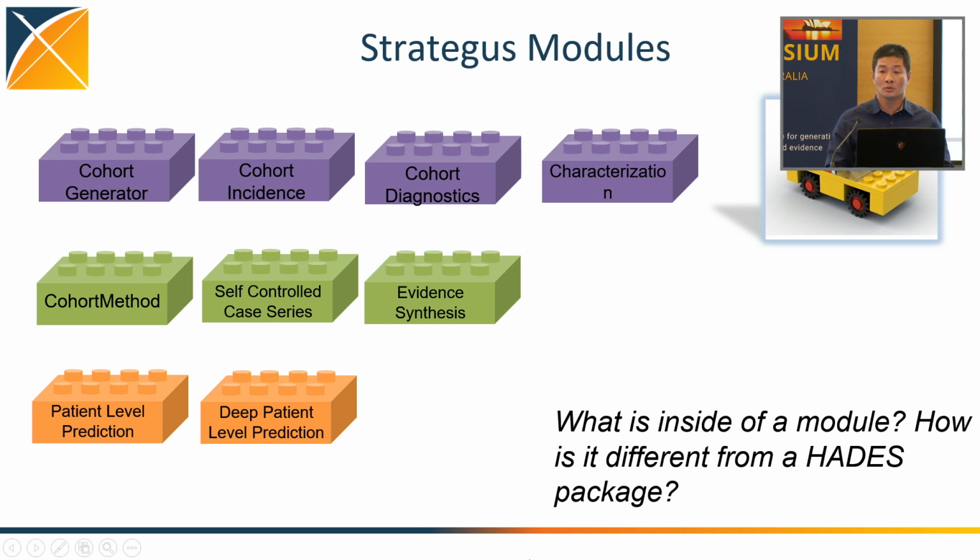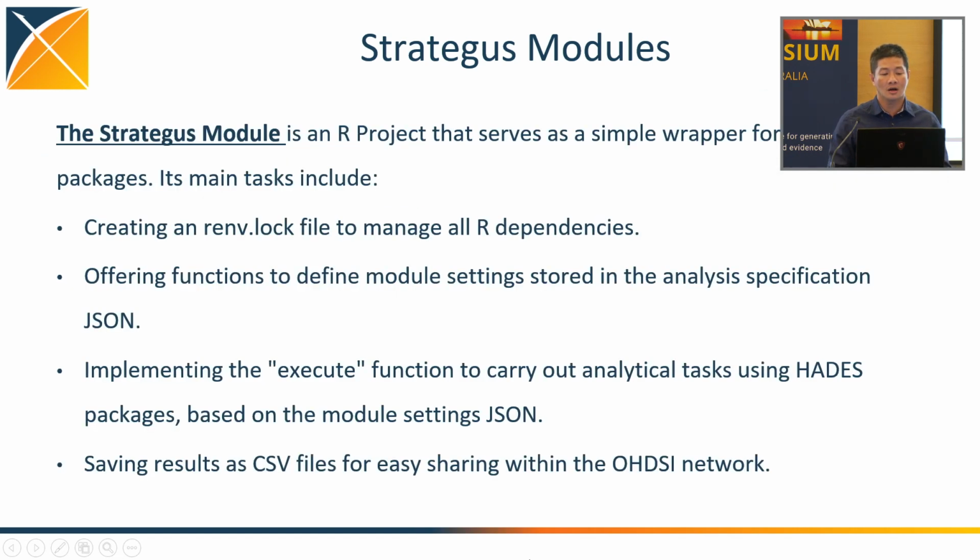So what is inside of the module? The question is how the Hades package is different from the Strategus module. Actually, our Strategus module is a project, a module that extracts the Hades package. Its task includes creating the R environment lock file to manage all R dependencies that serve our execution.